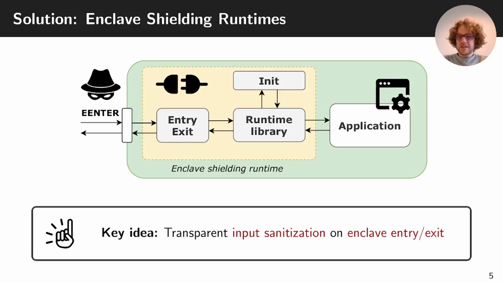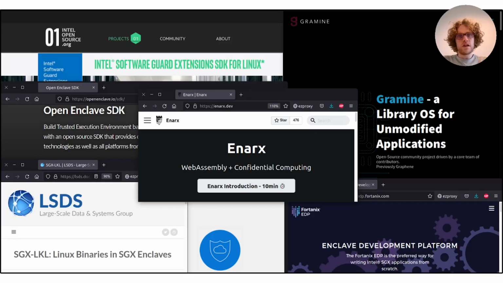These things really make the life of the programmer easier, and as a result, we've seen a large number of these runtimes being developed as this technology has matured over the years. So you see big names like the official SDK from Intel, also Open Enclave that I mentioned before, the Gramine library operating system, and so on.